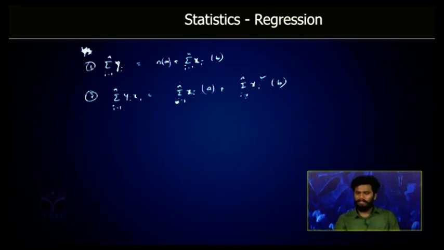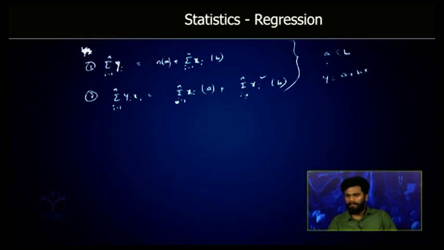Using these two normal equations, we can find the values of a and b, and substituting in y is equal to a plus bx, we get the regression line, which is the best fit.